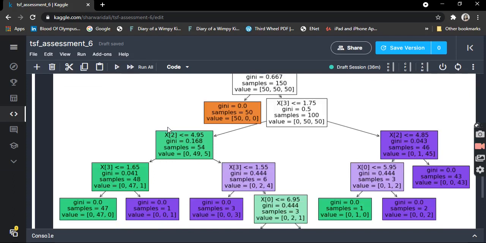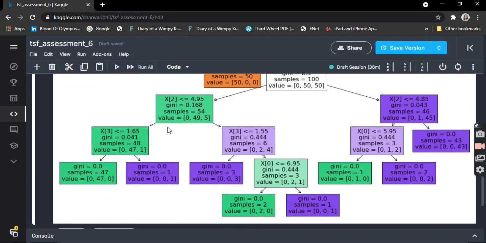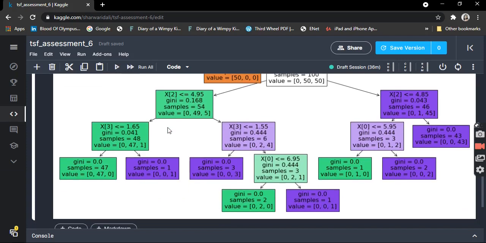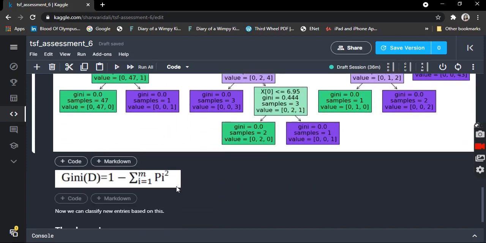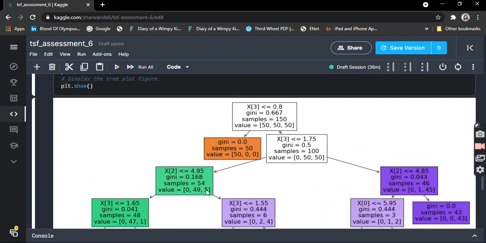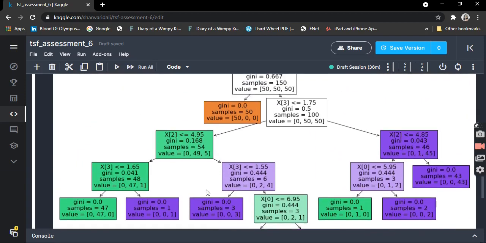The Gini index is calculated by subtracting the sum of squared probabilities of each class from 1. When a feature with a lower Gini index is met, we split further. To understand it better, consider two samples, positive and negative.